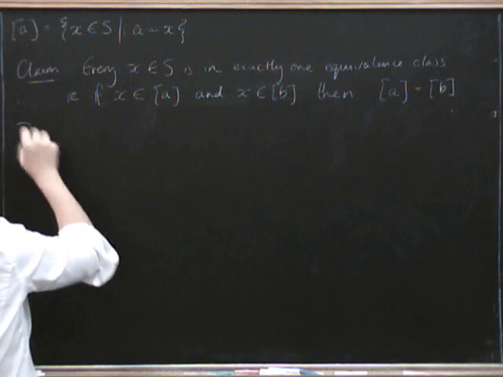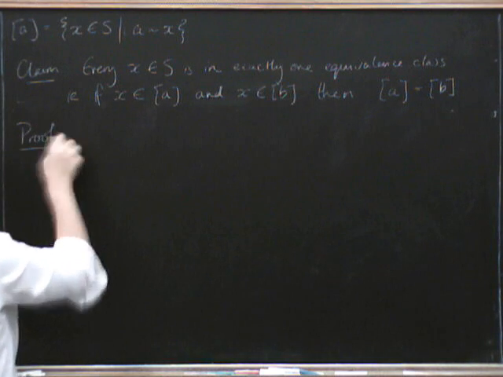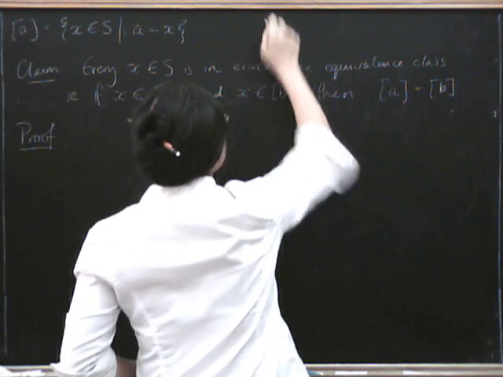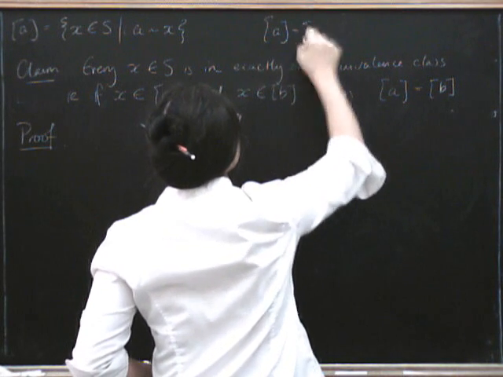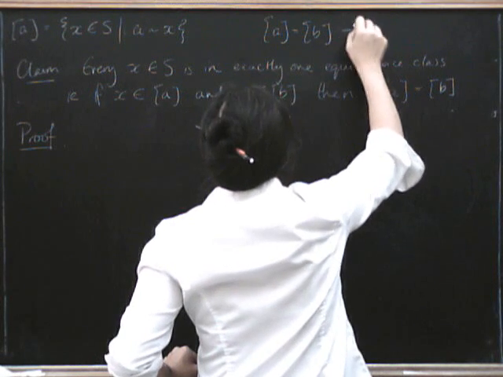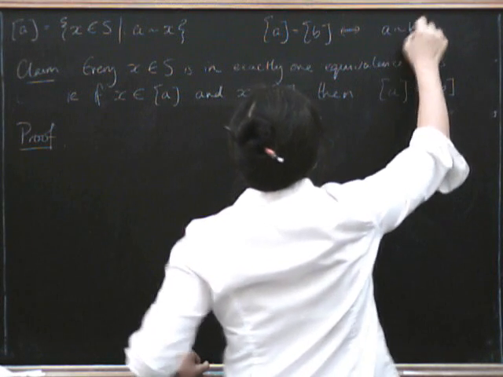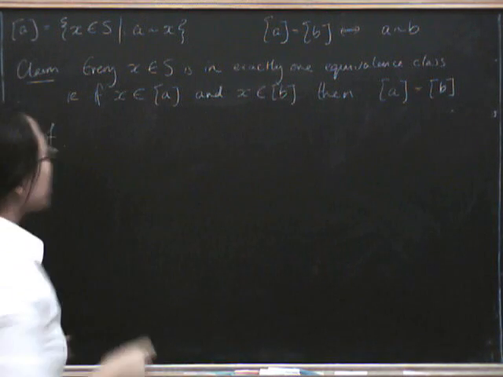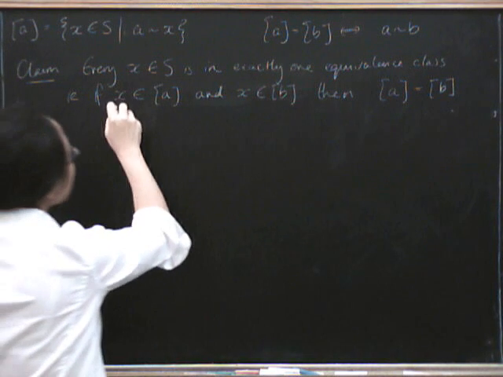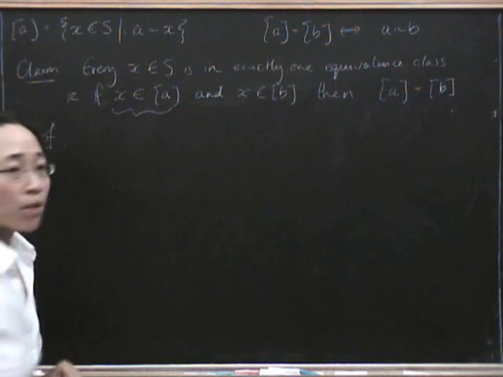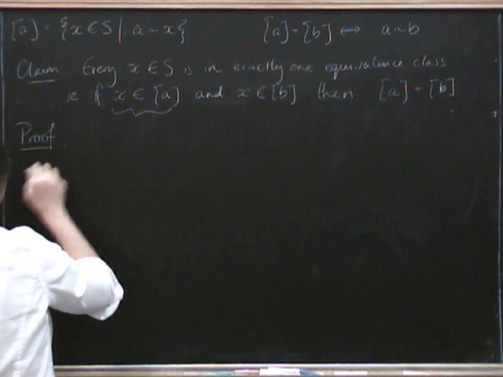Okay? Well, let's prove that. Remember that they are the same equivalence class precisely if A and B are actually related to each other. Now, what does it mean for X to be in the equivalence class of A?